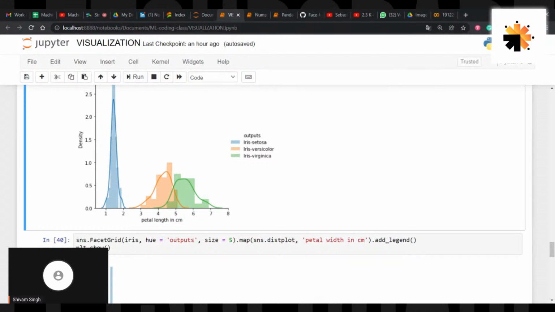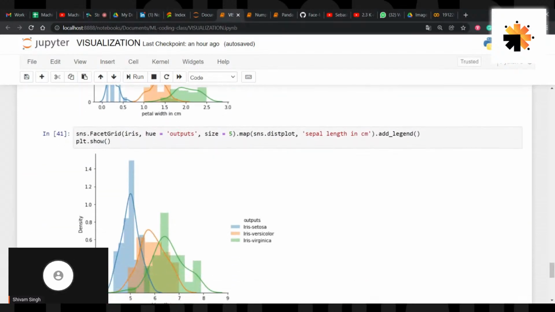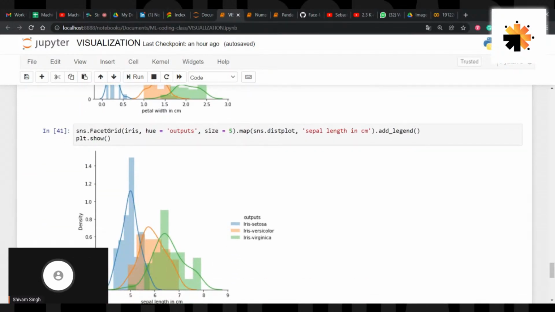Yeah guys, this is the kind of analysis we want to make with any of my data sets. This is the information I want to extract. Here I am able to extract very important information, because there is a concept called feature selection, for which we use a different methodology.